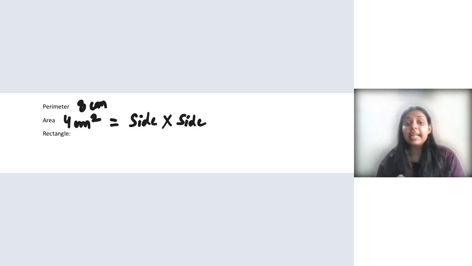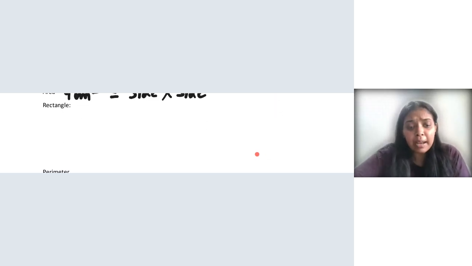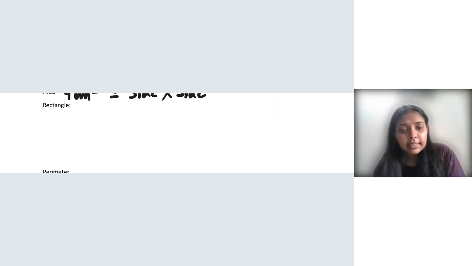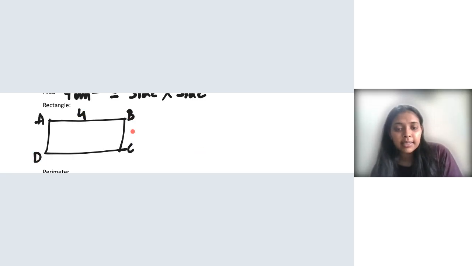Yes. Now, what about a rectangle? Again, it's the same thing. I'll multiply two different sides. Okay. So, if this was 4 and this is 3, this means this is also 4 and this is 3.